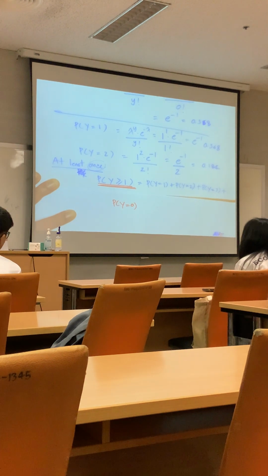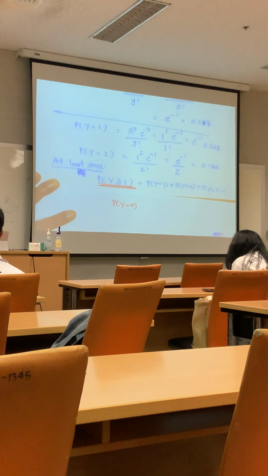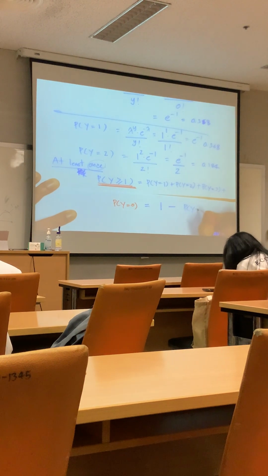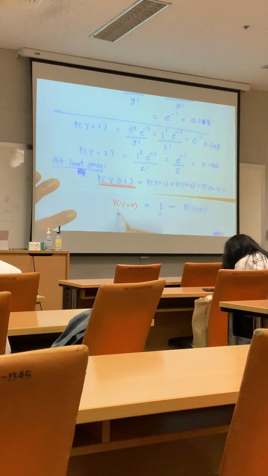What is the probability of y being at least 1? It cannot be 0, it has to be 1 or more. So instead of calculating all the different probabilities, we can just subtract p of y equal to 0 from 1.